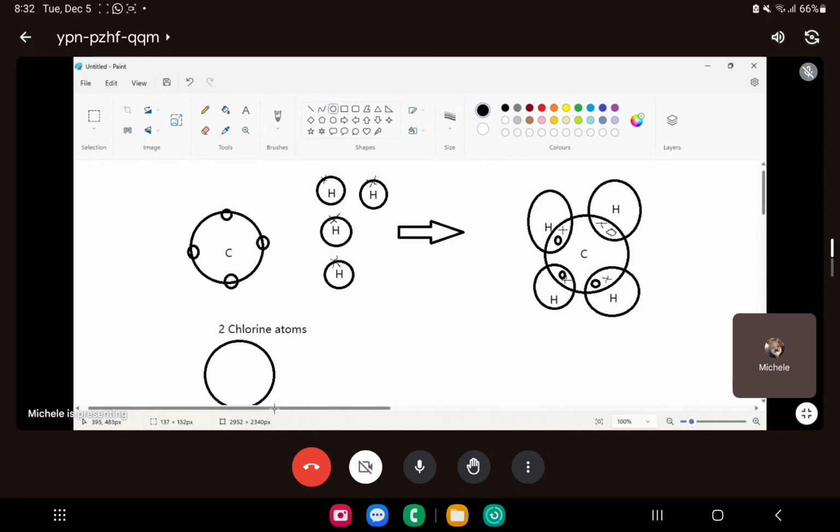So how about magnesium? Is it metallic or non-metallic? Metallic. Okay. And then what is the definition for metallic bonding?